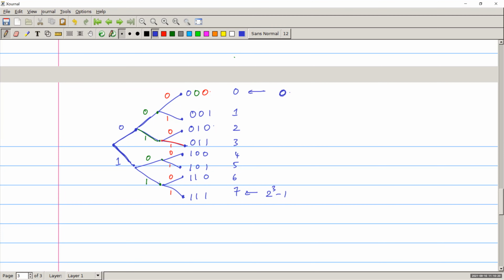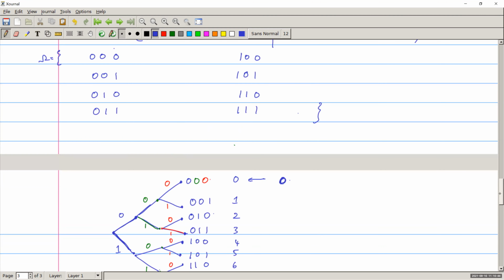So after three coin tosses, you see the binary expansion of all numbers from 0 to 2 to the 3 minus 1, and so there are totally 2 to the 3 outcomes. 0 to n minus 1 is n numbers, because we include 0 as well. So 7 plus 1, 8 numbers. That is your universe. So your universe is these 8 numbers.